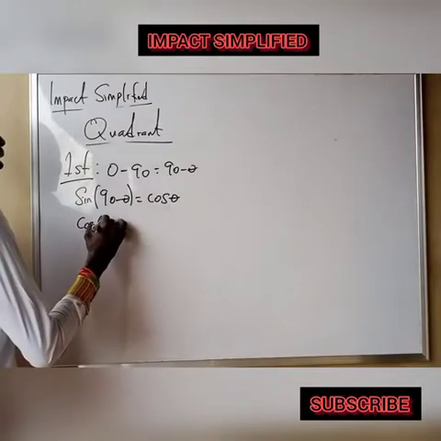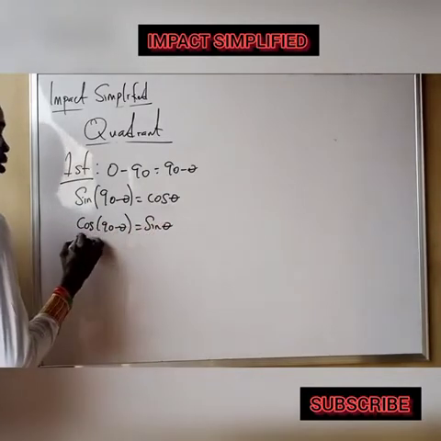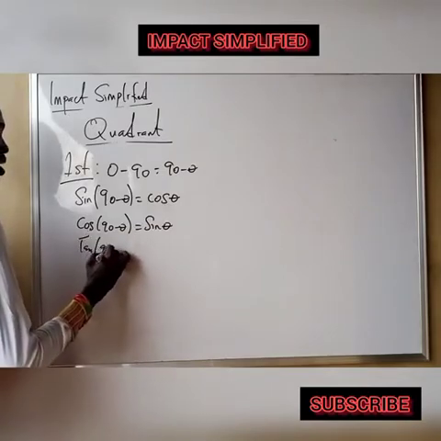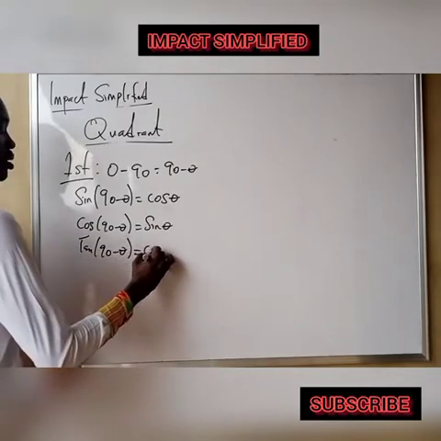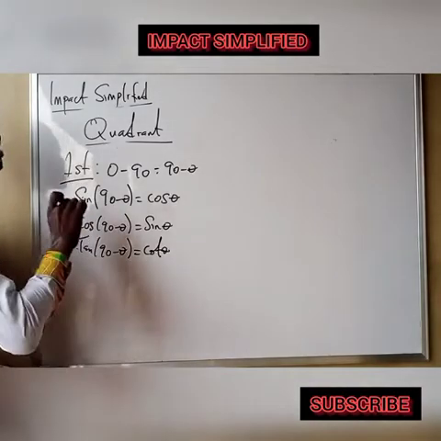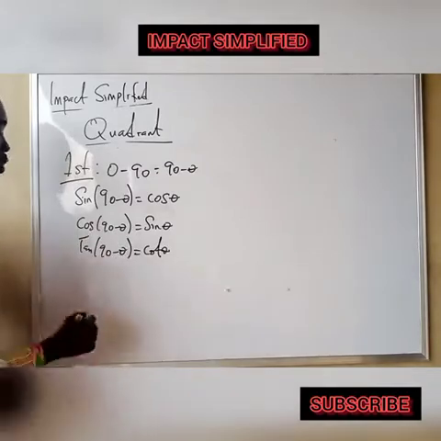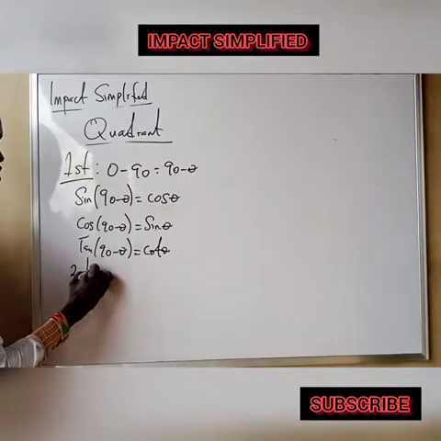Cos 90 minus theta is equal to sin theta. Tan 90 minus theta is equal to cos theta. We have said that is the only segment where the relationship occurs.